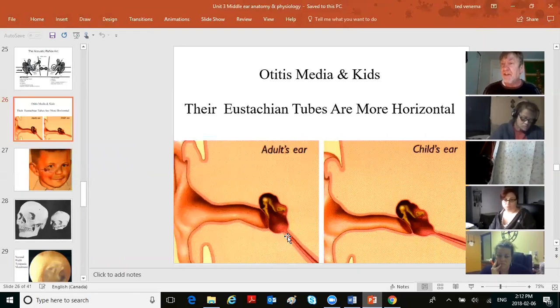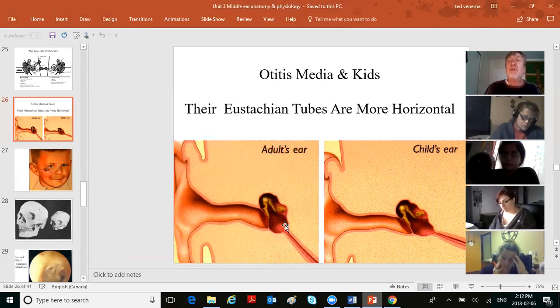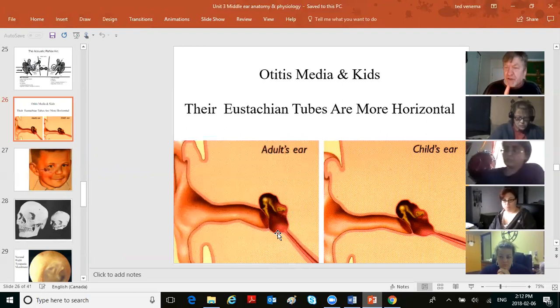You need that, because when they open, they let new air into your middle ear space. And your middle ear space needs that, because it is always absorbing oxygen. So new air has to get up into that middle ear space every now and then.